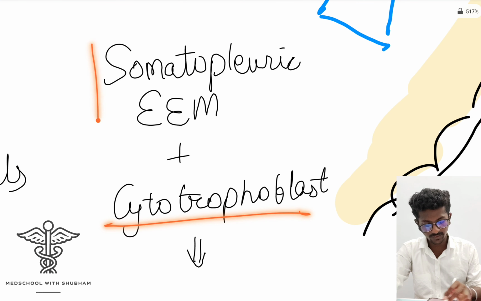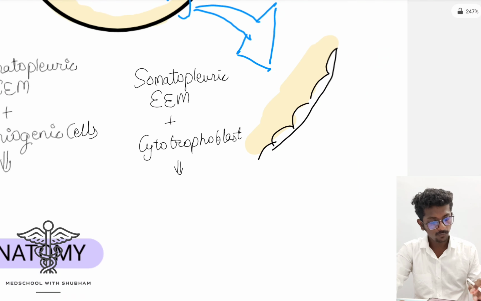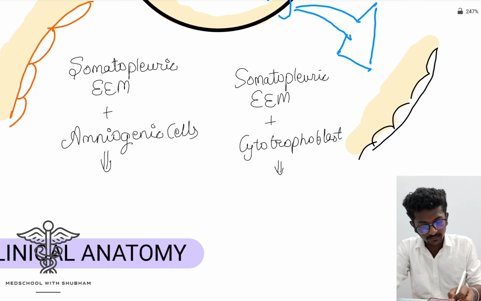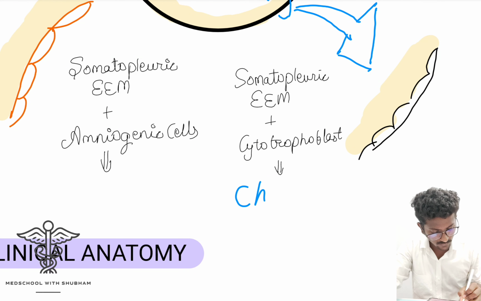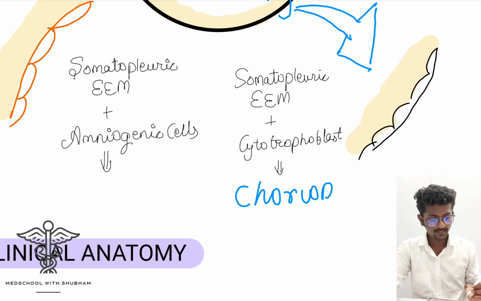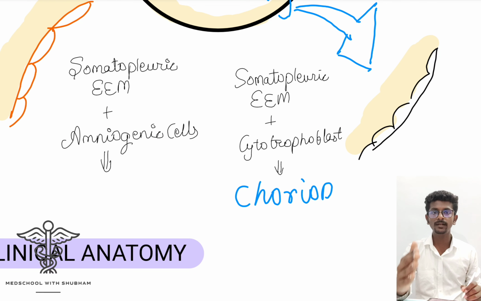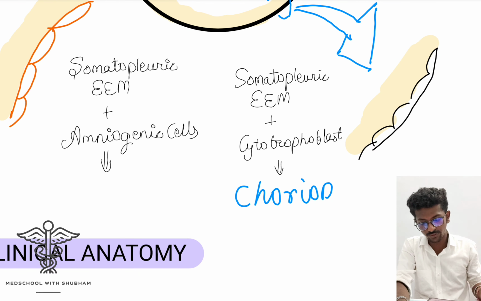Cytotrophoblast plus somatopleuric extraembryonic mesoderm, both of them together is called the chorion.